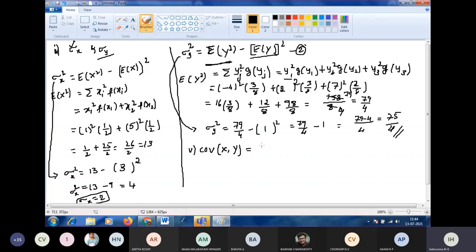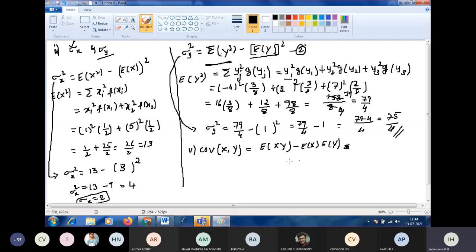Covariance of x comma y is equal to expectation of xy, don't put comma, minus expectation of x into expectation of y. Use this formula. It becomes easy for you. What I gave yesterday also, that formula also you can use. You will get the same answer.